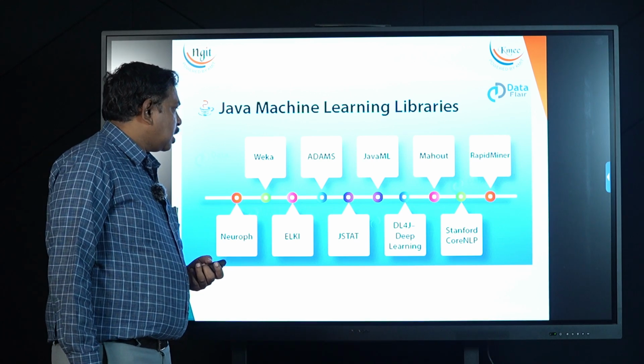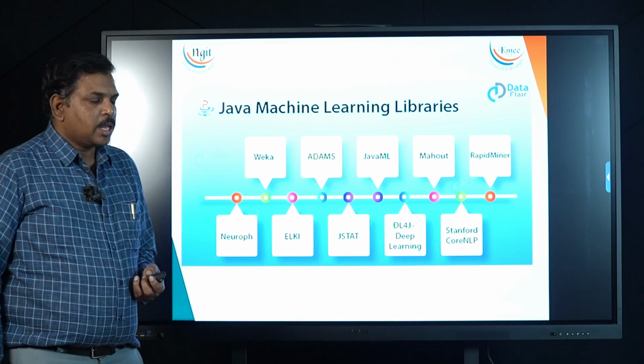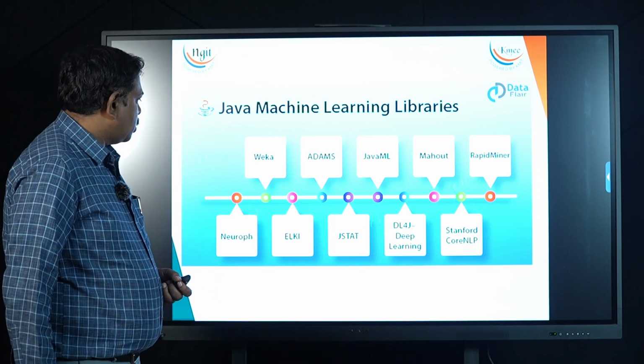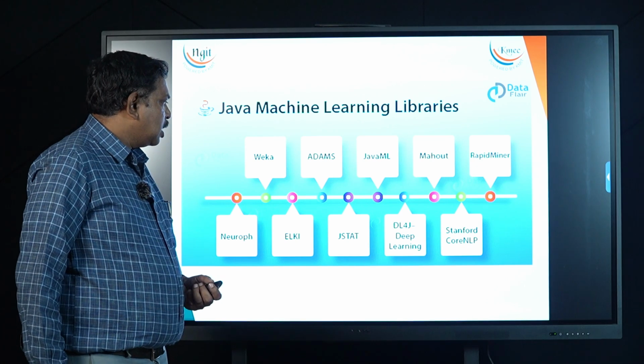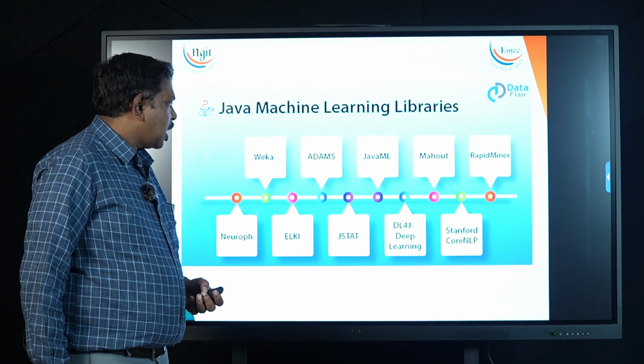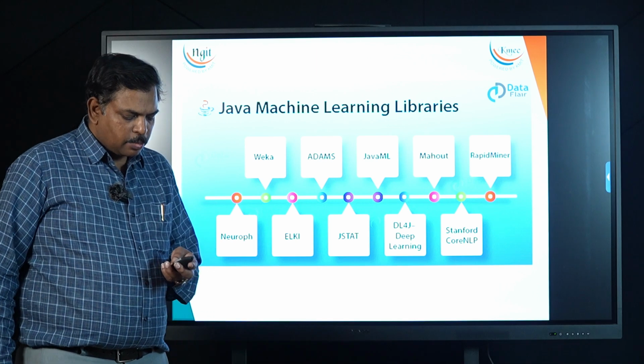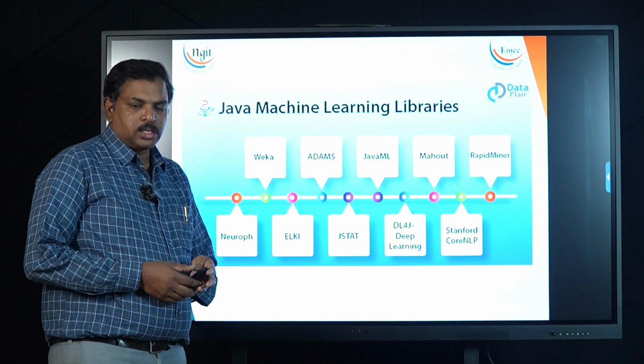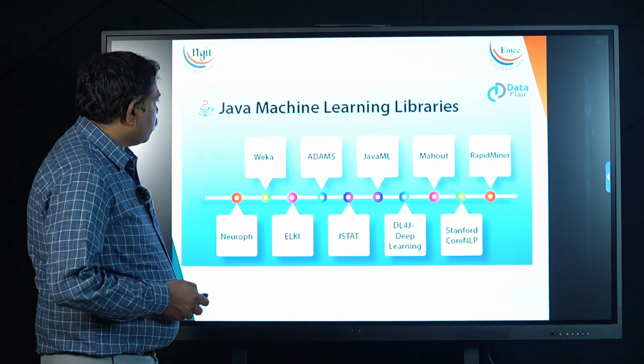ADAMS is another library for data management. Java-ML, Mahout, RapidMiner, Neuroph, ELKI, JSTAT, Deeplearning4j and Stanford CoreNLP. These libraries made Java one of the important players in the AI programming environment.